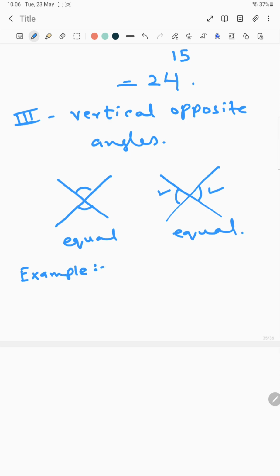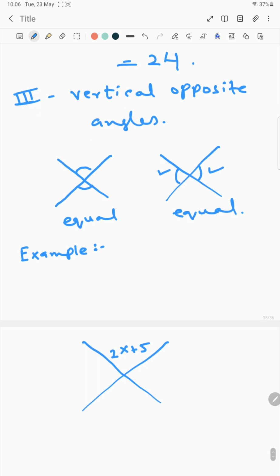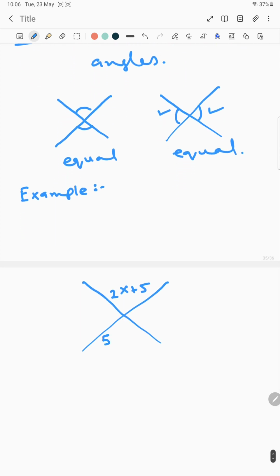So for example, we have two crossing lines and we have two angles. Over here we have 2x plus 5, and on this side we have 5x plus 9.